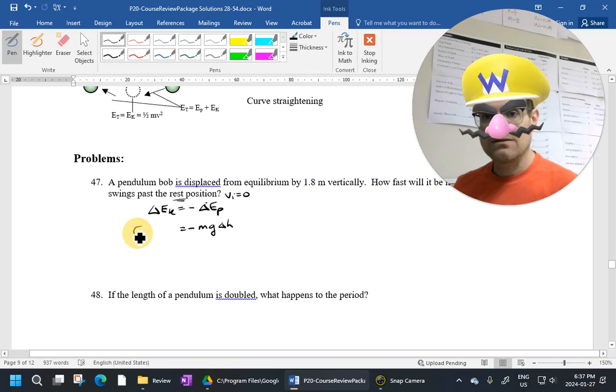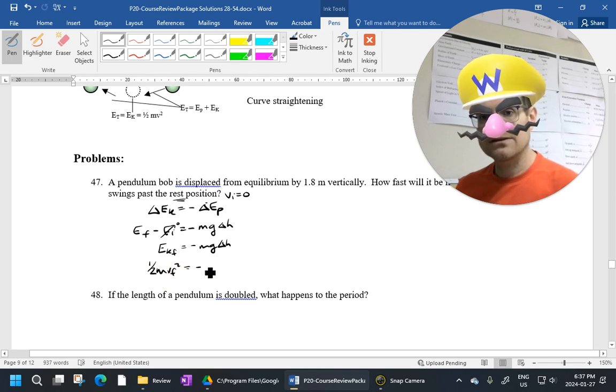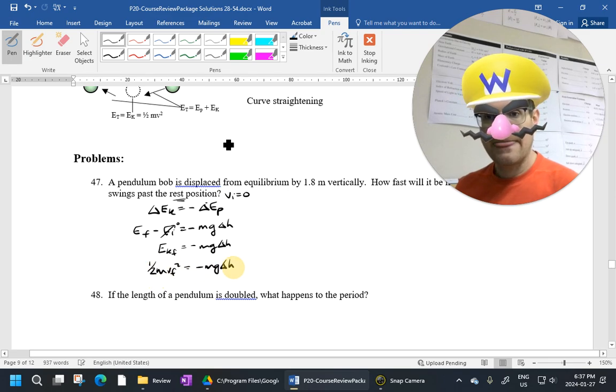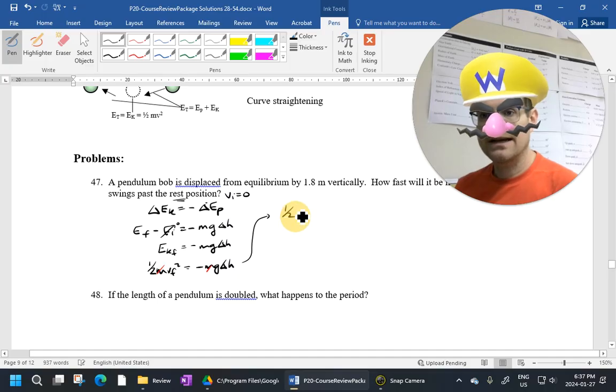So when I go final minus the initial, this is going to be 0. So this is just my final Ek is equal to my negative mg delta h, which is 1/2 mvf squared is equal to negative mgh. And we're going to cancel these out. Take that up here. 1/2 vf squared is equal to g times delta h.